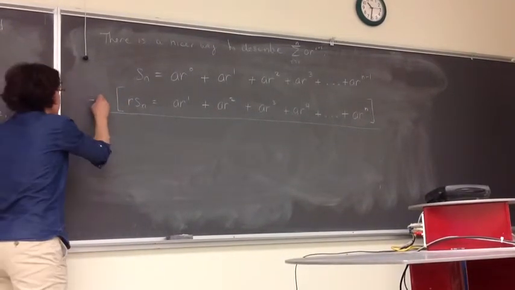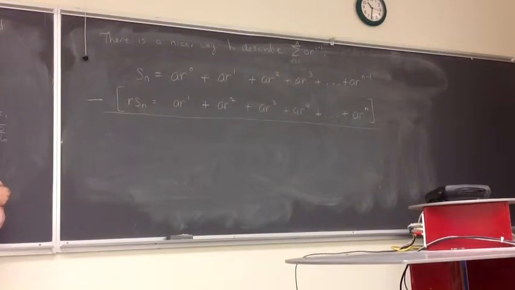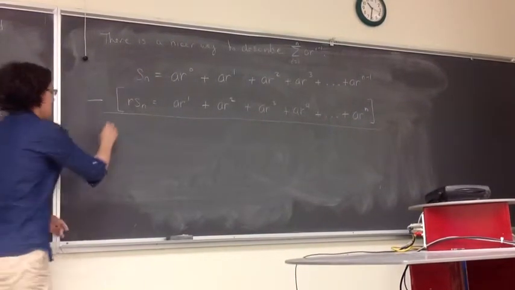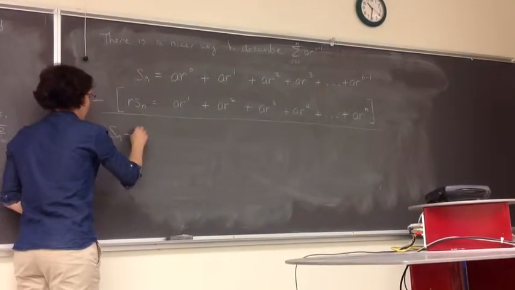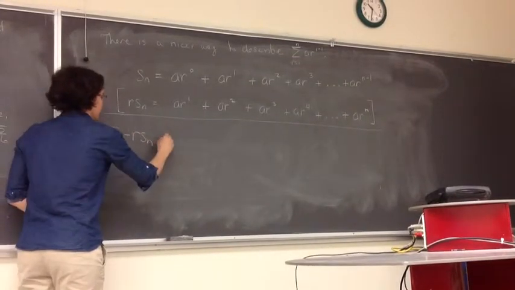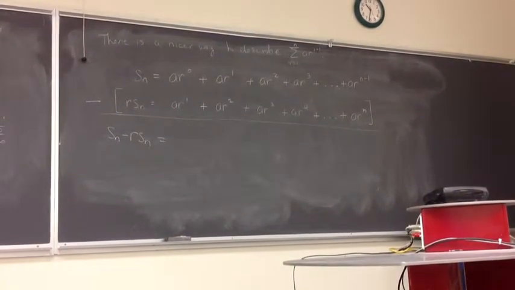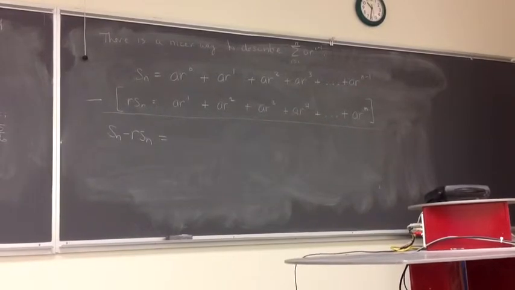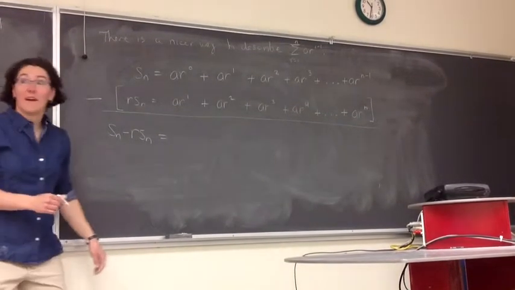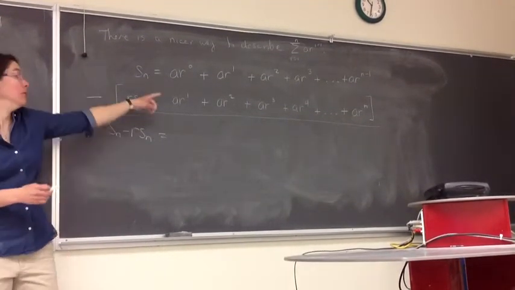All right, so I'm going to subtract, which means on the left-hand side of the equation, I have Sn minus r times Sn. And on the right-hand side, this is way cool.